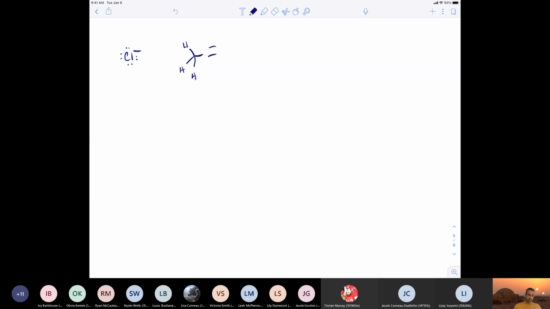Our leaving group will be something great like iodide. It's a good leaving group. We have nucleophile attack, leaving group leave. In one step, we have Cl like this, plus I minus. This is an SN2.